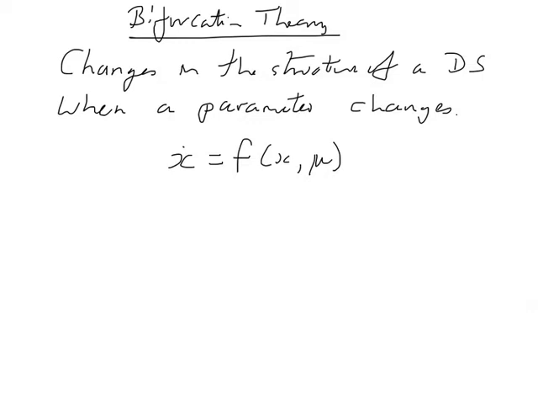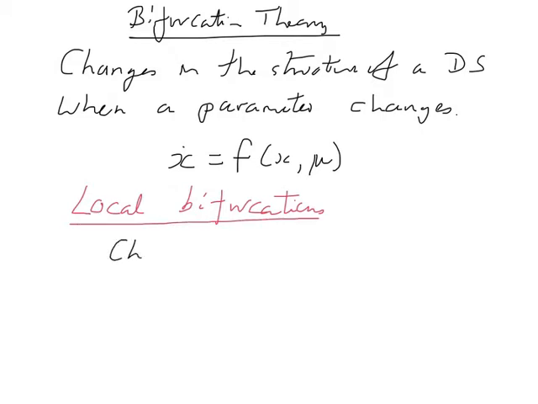Okay, so we're going to look in particular at what are called local bifurcations. All right, so that's going to be the focus, local bifurcations, and these are changes in the structure of the dynamical system that happen near a fixed point.